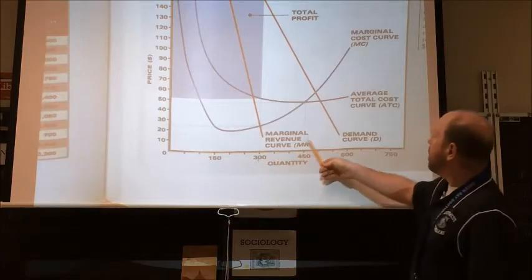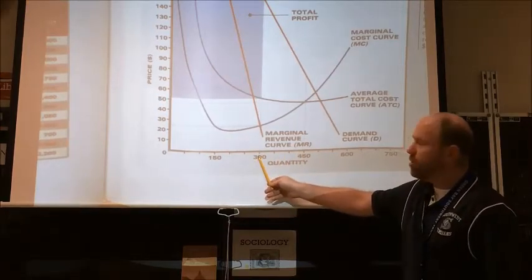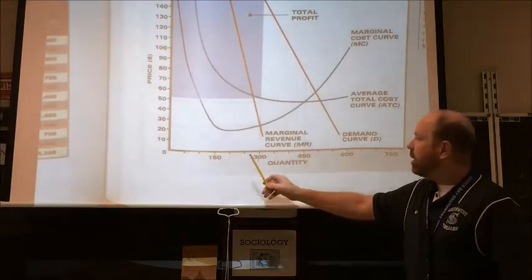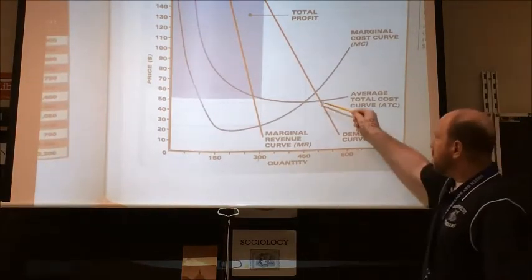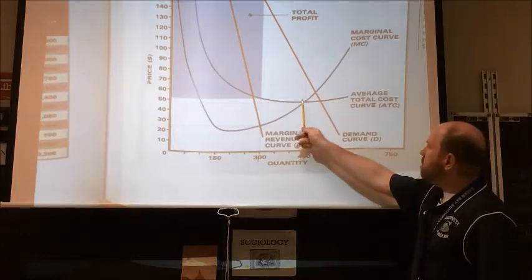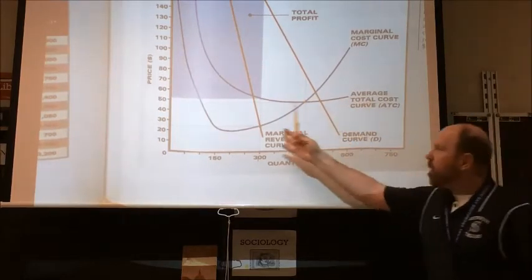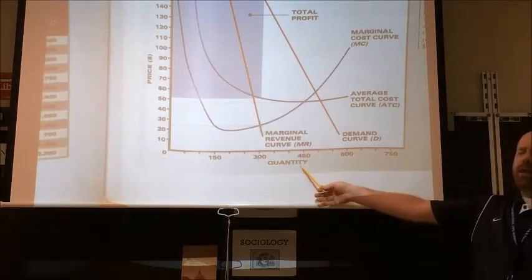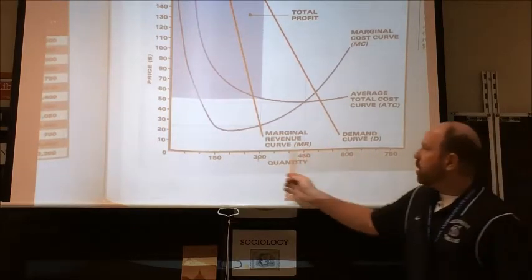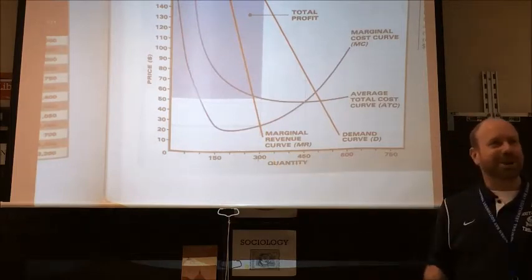Obviously, for this situation, they're going to be producing right here, and that represents a decrease. Because the minimum of the ATC in monopoly is always going to have a greater X value than where they're ending up producing, where MR equals MC.